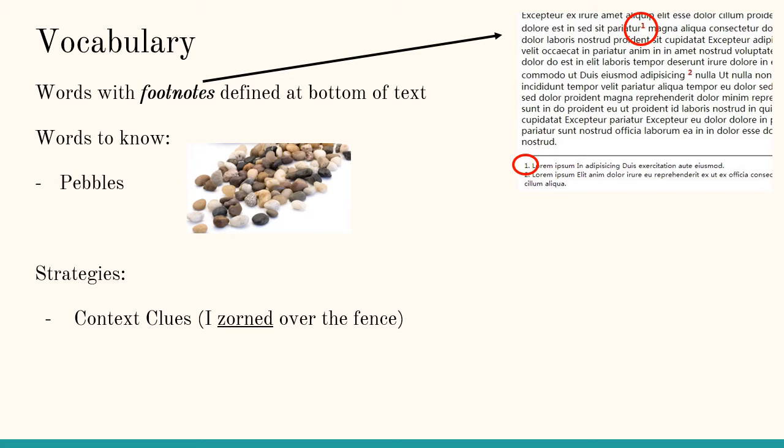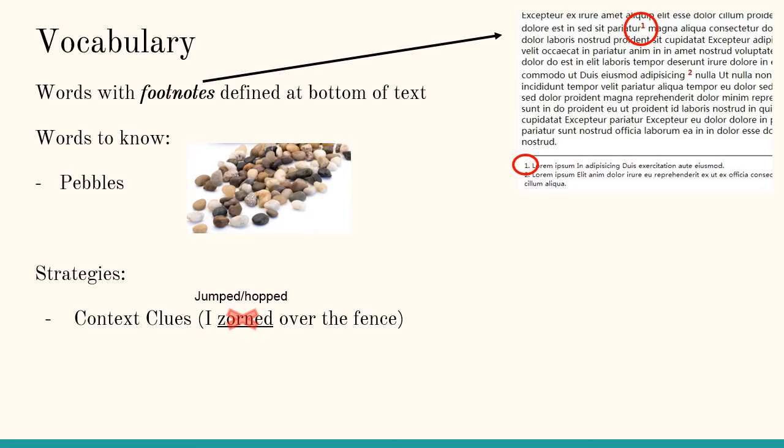Obviously zorned is not a word in the English language, but by reading this little phrase, we can actually figure out its definition pretty easily, right? If we eliminate that word we don't know, zorned, and substitute a word we do know in its place that would make sense, for example, I jumped over the fence, or I hopped over the fence, right? Then we have a pretty good guess for what that word zorned actually means, jumped or hopped.